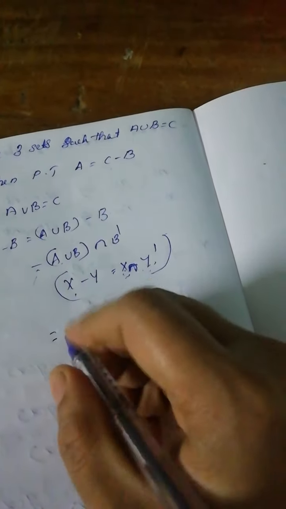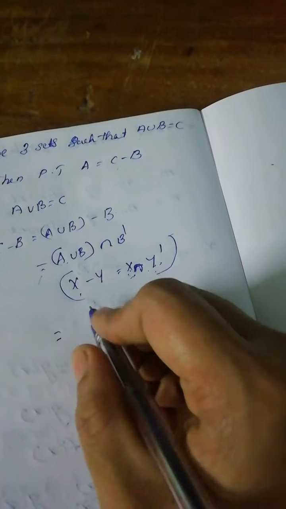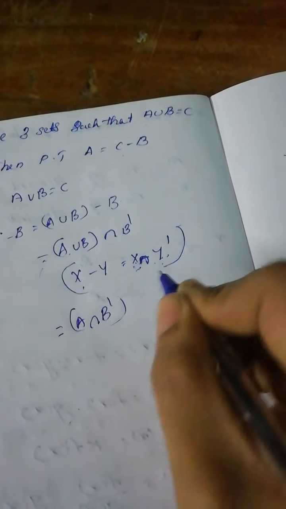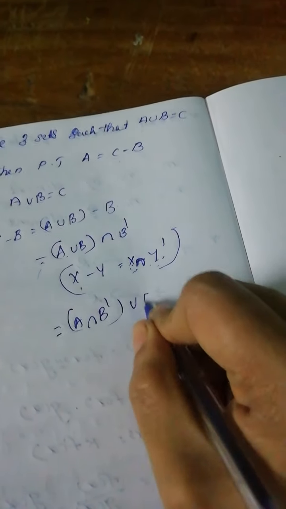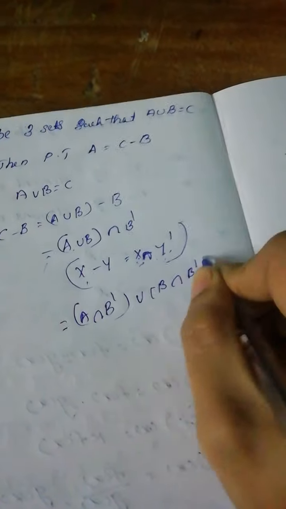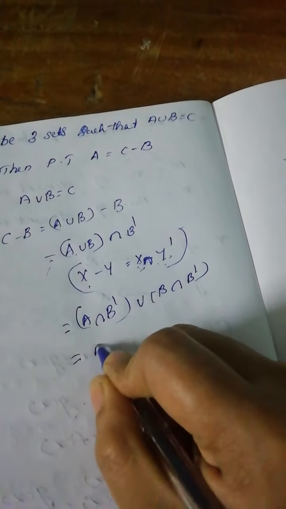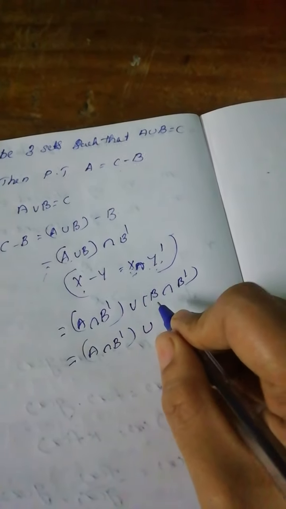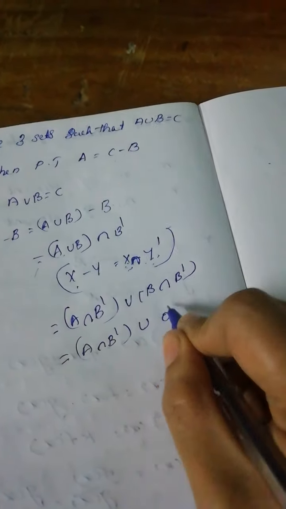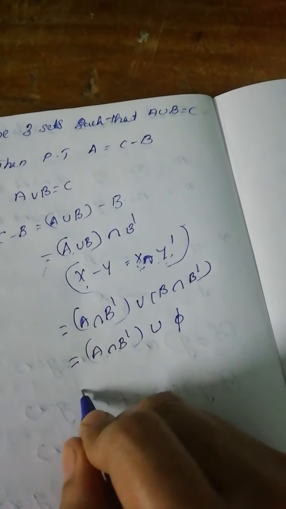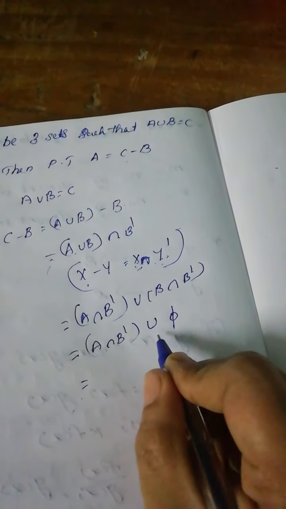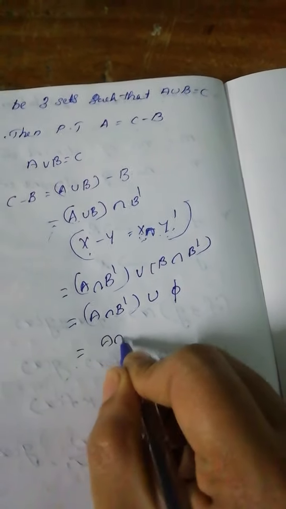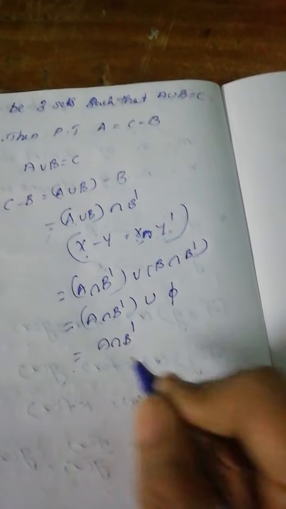Next step becomes A union B intersection B complement equal to A intersection B complement union B intersection B complement. We know that B intersection B complement is always the null set, which is equal to A intersection B complement union null set, which is equal to A intersection B complement.